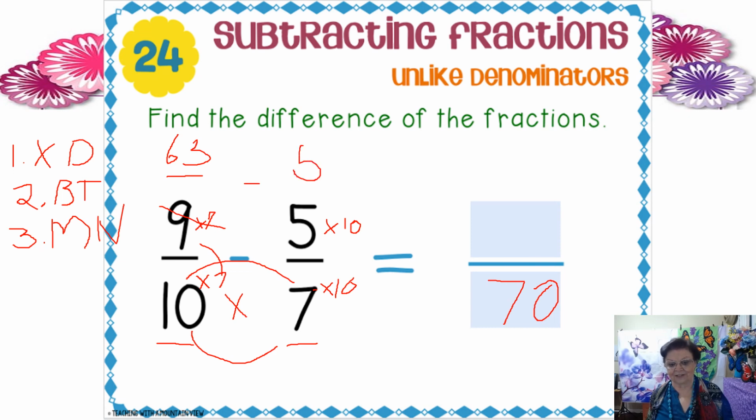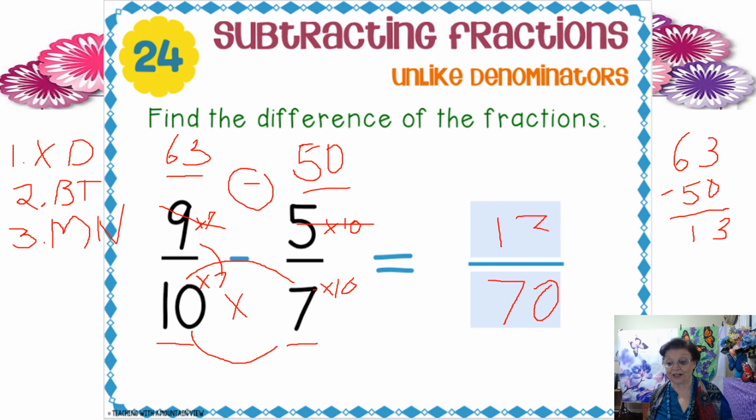You're right, it's 50. Whoa. I'm going to cross that out because this is our new numerator. Now we're going to subtract the new numerators. 63 minus 50 is, you're correct, 13. That's your new numerator. Boom, done.